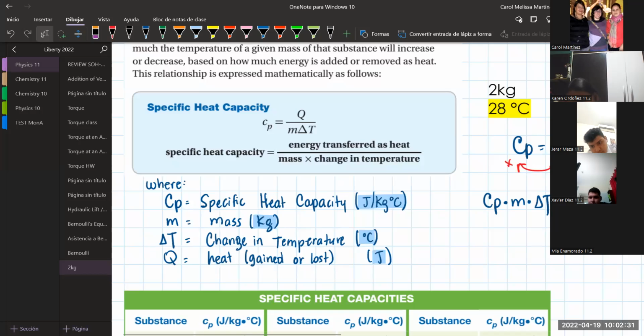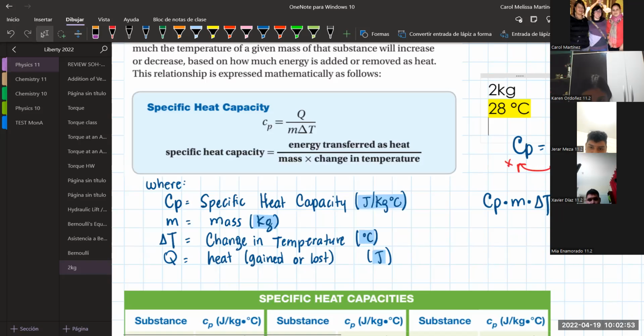All we need to do is isolate the part of the formula that is about heat or energy. So the mass and the temperature that are dividing energy are going to go to the other side to multiply.